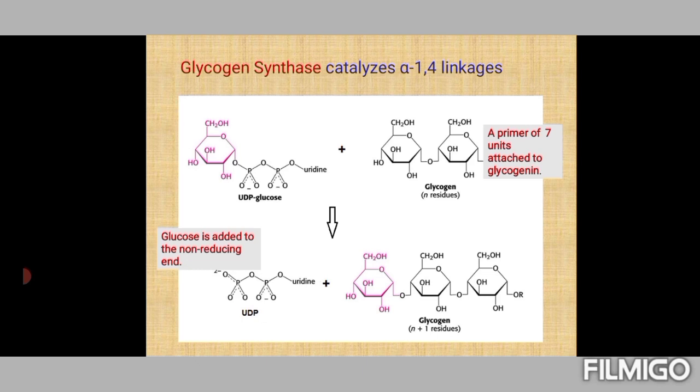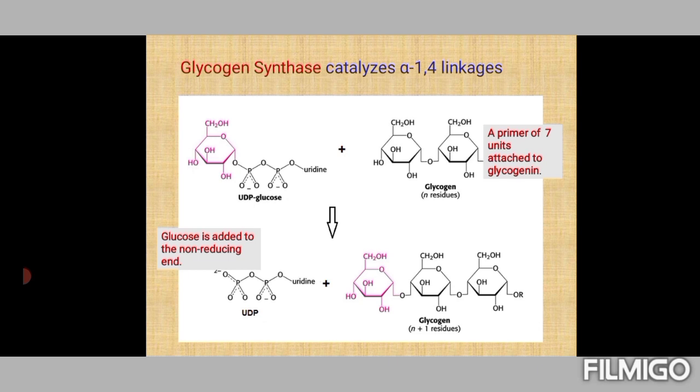So this is a representation of that. This is the primer. As we know, there are some glucose units attached to it, and this is the non-reducing end, to which we have represented UDPG. It should be noted that whenever a glucose is attached, it is supplied by UDPG. The activated glucose in UDPG is attached to the previous chain.